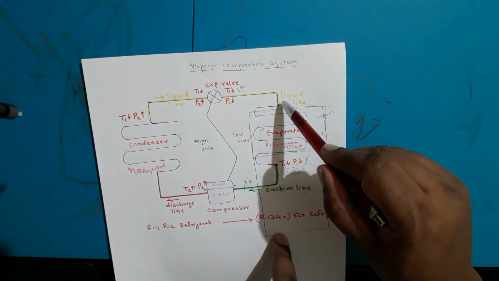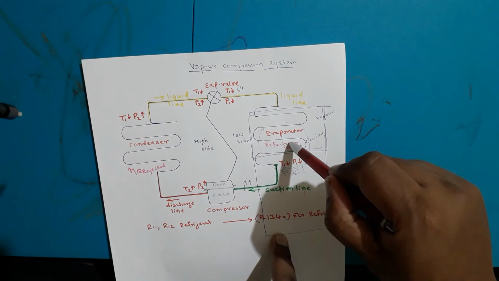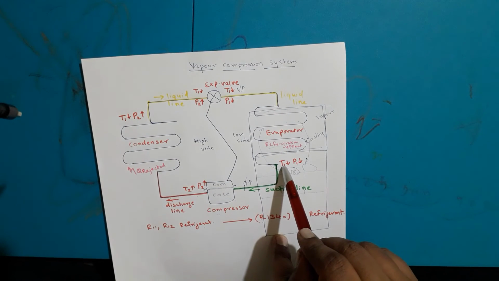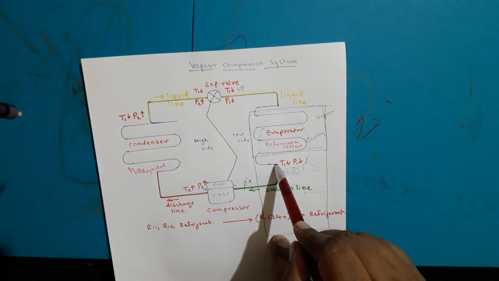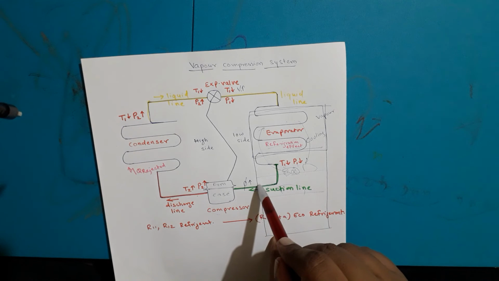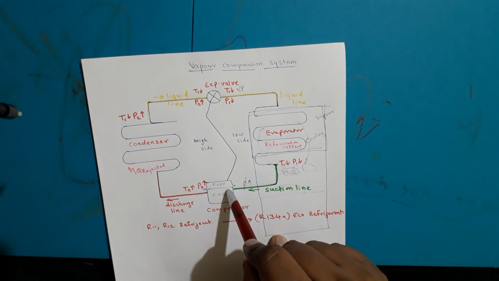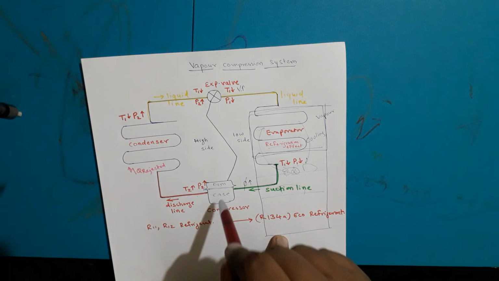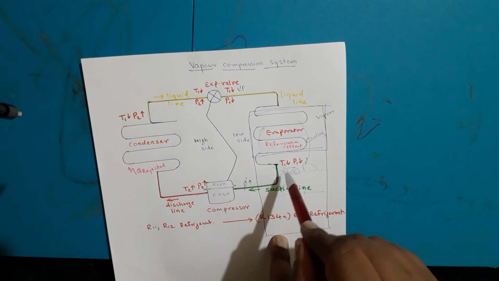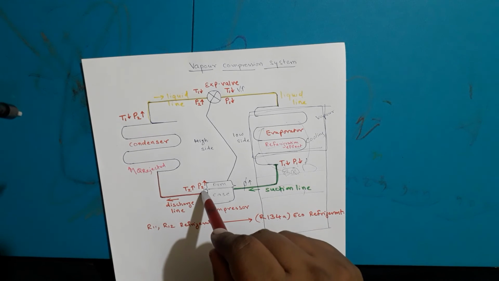So here the liquid refrigerant is converted into vapors, and you can see low temperature, low pressure vapors coming from the outlet of the evaporator via the suction line and entering into the hermetic compressor. Again the same process will occur. Again the compressor will compress the low temperature, low pressure vapors into high temperature, high pressure.